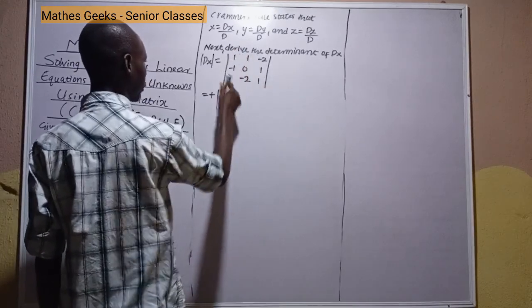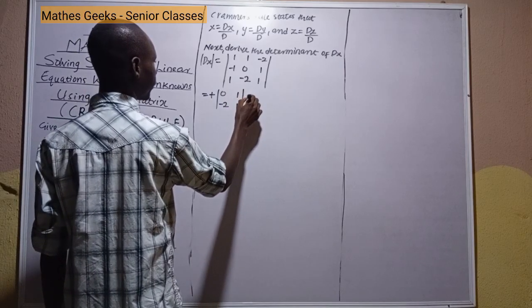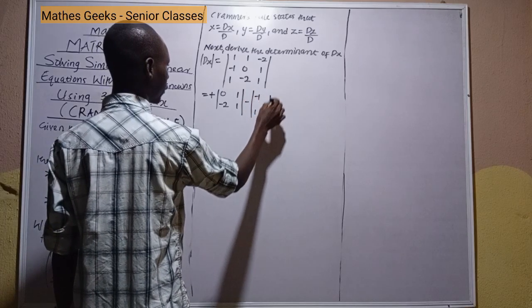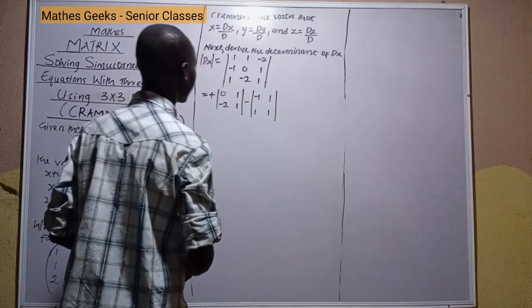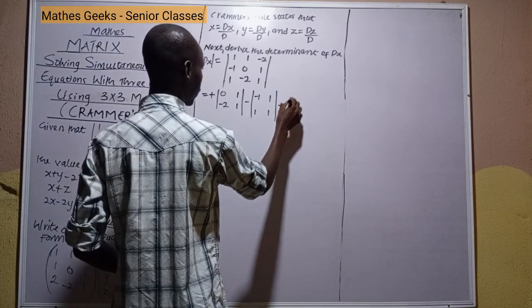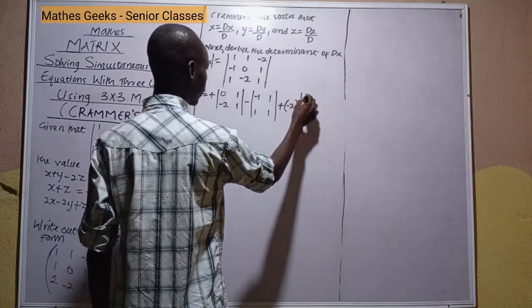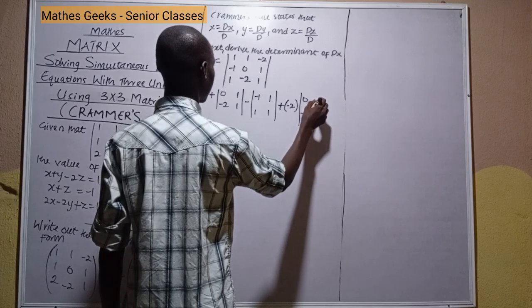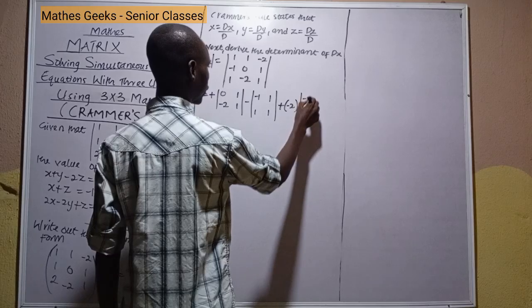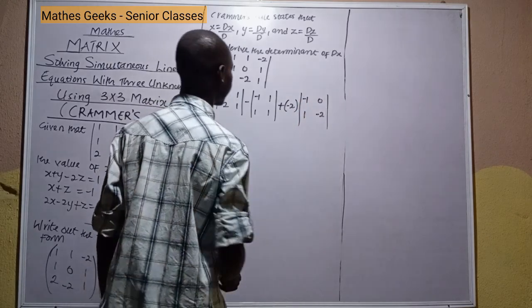First row, column 0, minus 2, 1, 1, minus 1, 1, 1, 1. First row, first column 0, minus 2. First row, third column, minus 1, 1, 0, minus 2.